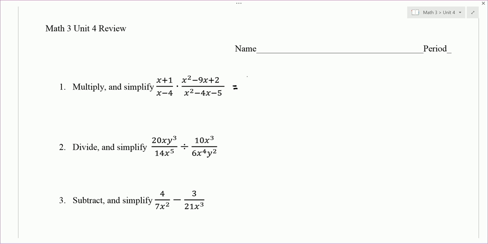So we're first going to consider anything we can factor. So the x squared minus 9x plus 2, we're looking for two numbers that multiply to 2 and add to negative 9.